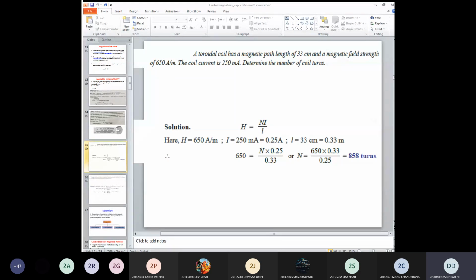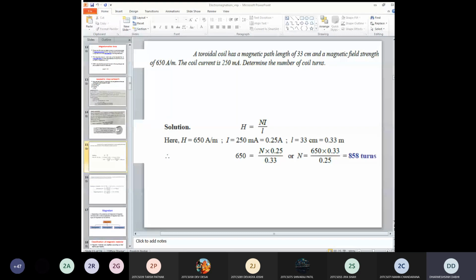So apply the equation of magnetic field intensity H is equal to NI by L, and find out N. Here convert this current into ampere: 250 milliampere is 0.25 ampere. Convert this length from centimeter to meter, so it is 0.33 meter. H is given in ampere per meter, there is no need to change it.